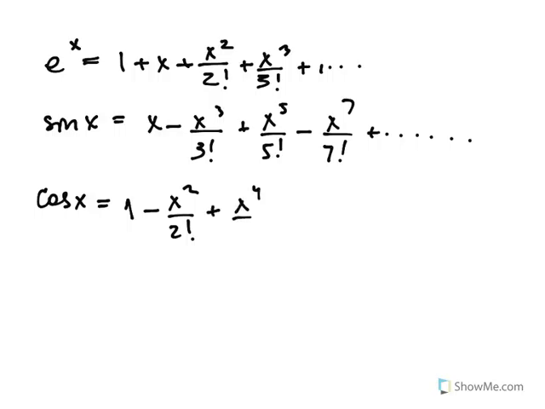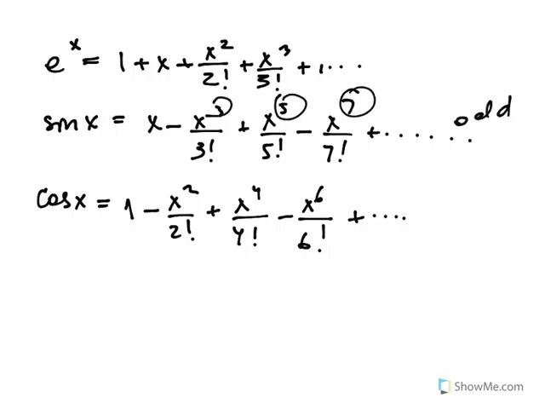You know what else? Easy to remember. Also alternates. Cosine and sine both. The signs alternate, but also the sine is an odd function, so that's why the odd numbers appear here. And cosine is an even function, so you can see even numbers only. So kind of analogous, something that helps you to memorize.